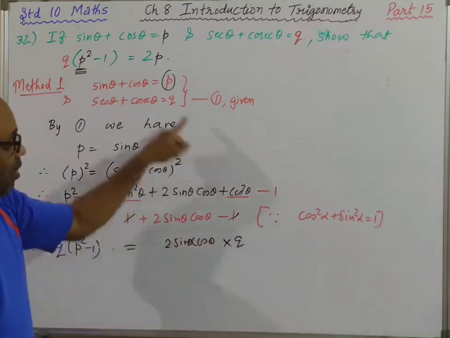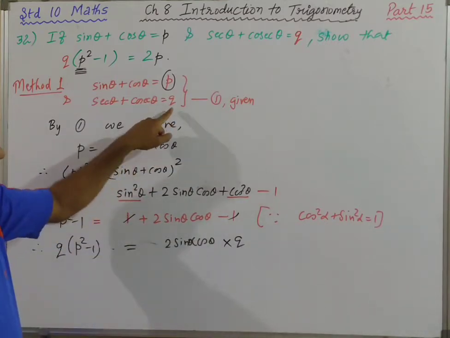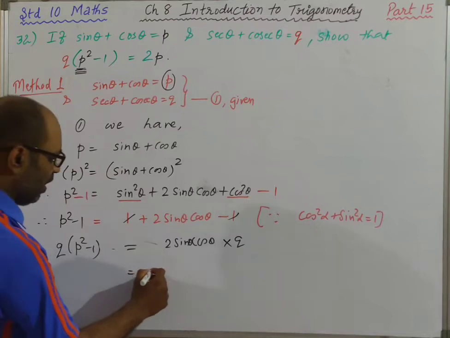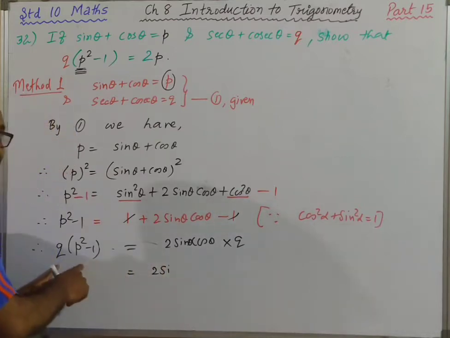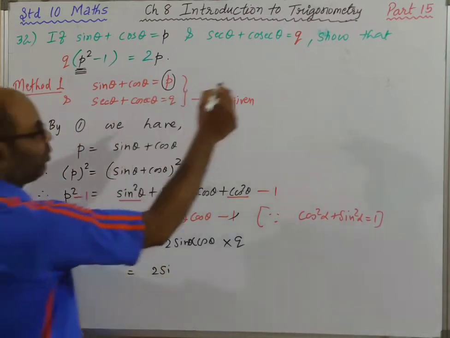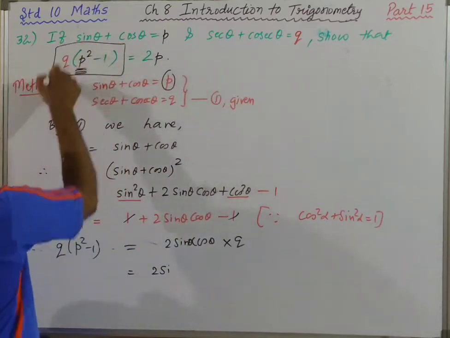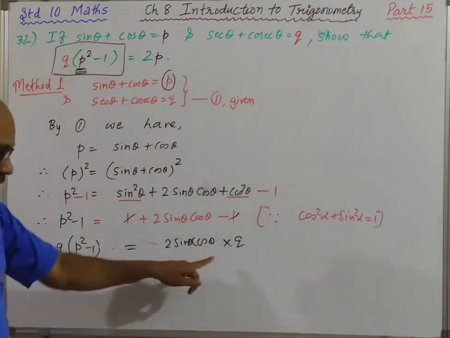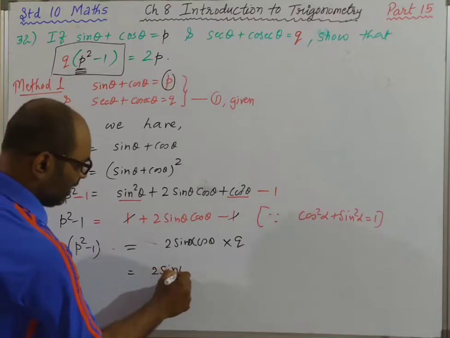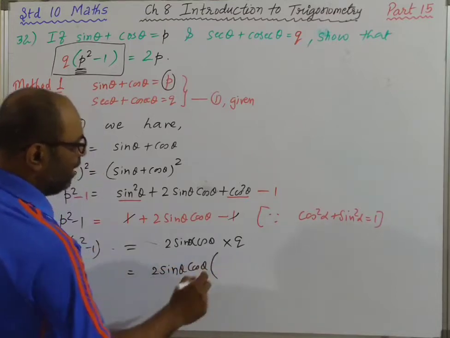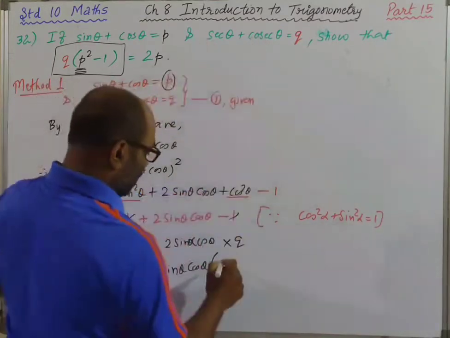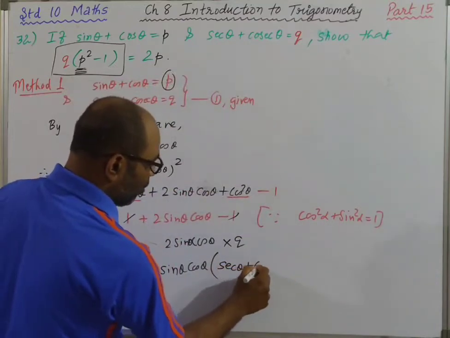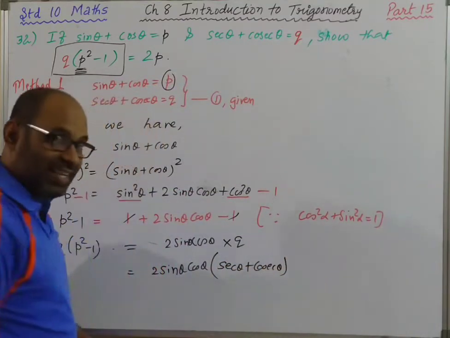Now I am going to put the value of Q. Q हमारे पास है, so that is equal to 2... यहाँ नहीं, don't substitute here, because left hand side चाहिए, Q should be there, but we don't want Q here. So 2 sine theta into cos theta into what is Q? Sec theta plus cosec theta. ठीक है?